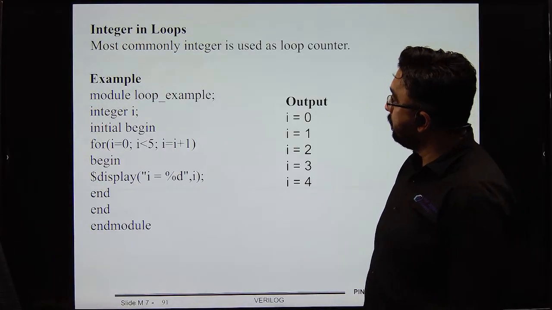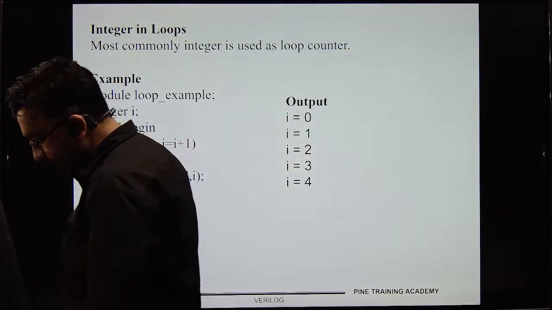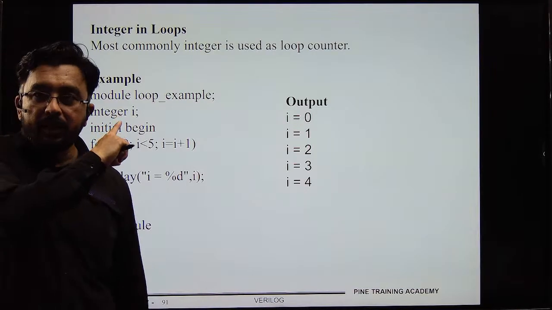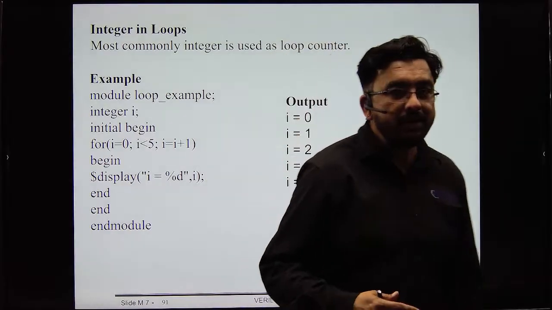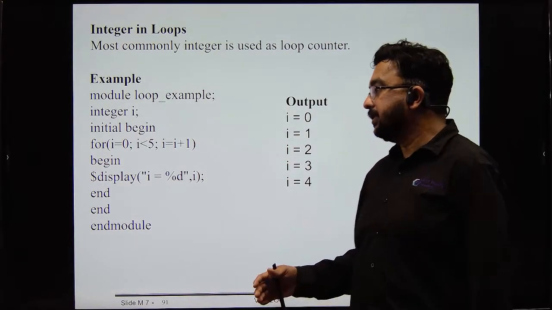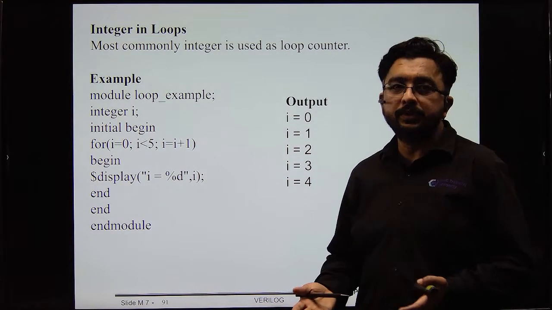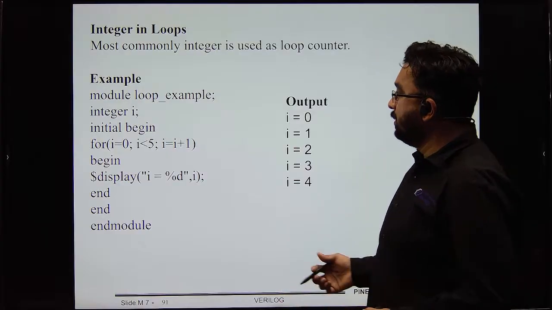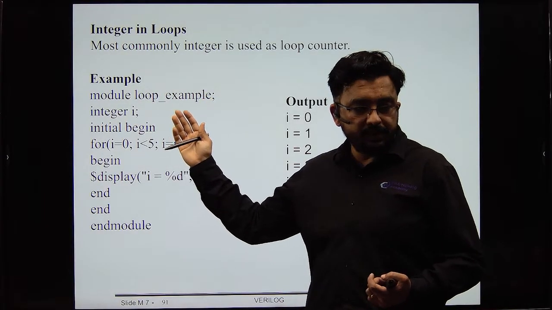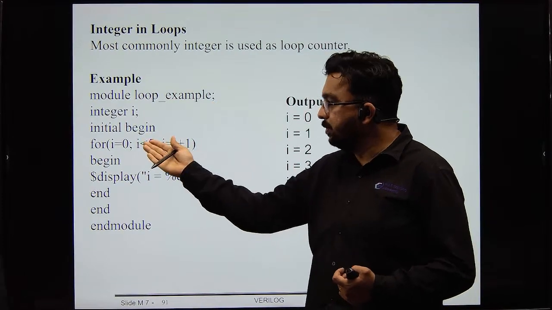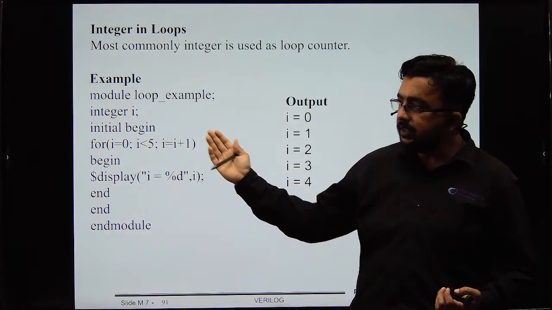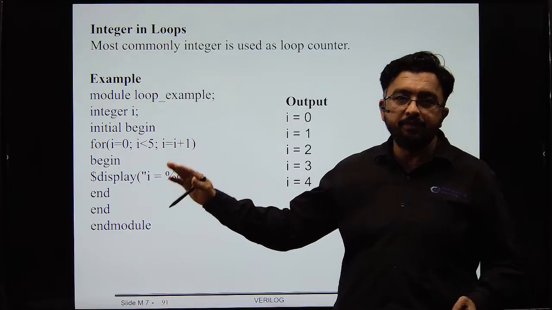Most commonly, integers are used in loops. I mentioned earlier, this is just one of the application examples of how the integer is used in a loop. A simple example is loop integer i, initial begin. You may be aware of it, this is a basic fundamental of C programming.